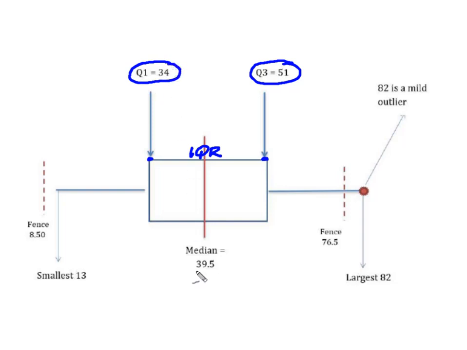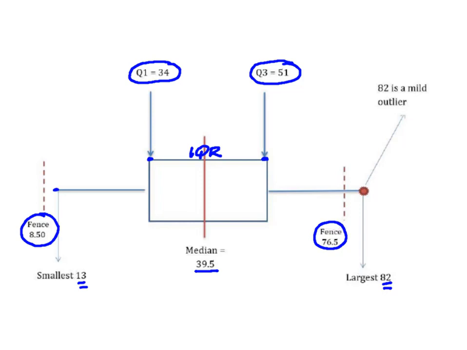I place my median inside of the box. My whiskers run to the smallest value, which in this case was 13, and to the largest value, which in this case was 82. Now remember, we did those fences. My lower fence was 8.5, my upper fence was 76.5.